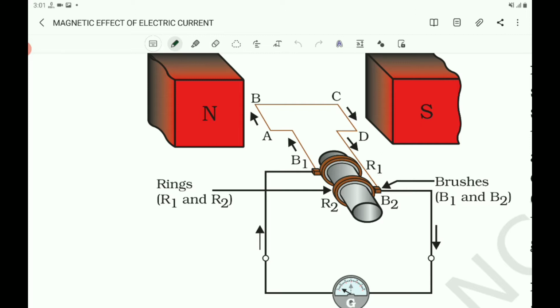Now, let us discuss the electric generator or dynamo. What is this electric generator or dynamo? It is a device which converts mechanical energy into electrical energy.